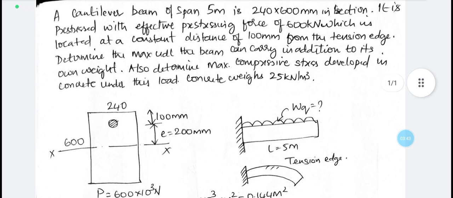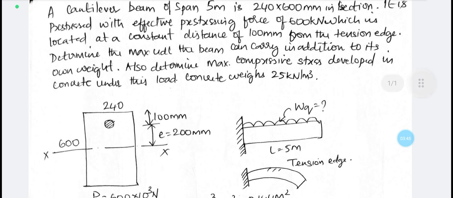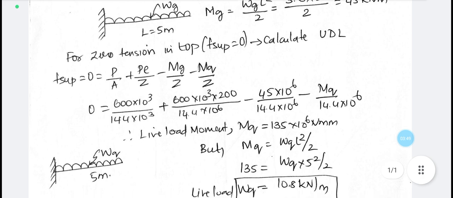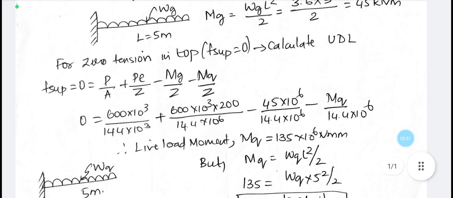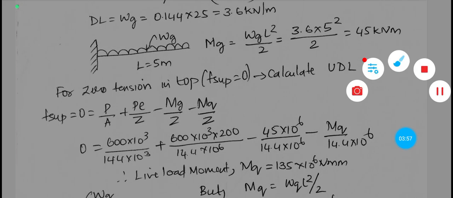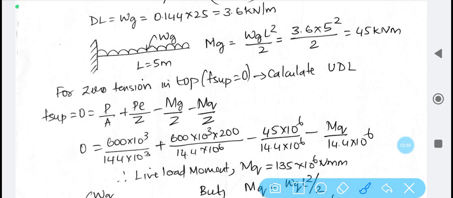Okay, and one more thing is that we need to find out first what is F superior, because the load is also unknown here. Since the load is unknown, you cannot find out the compressive stress by directly applying F wherever the compression is acting, that is at the bottom.